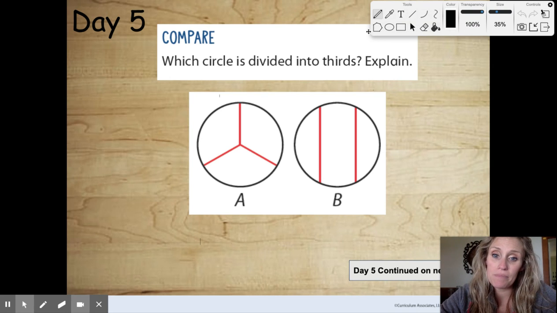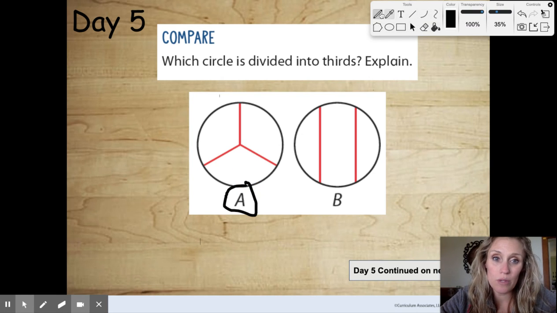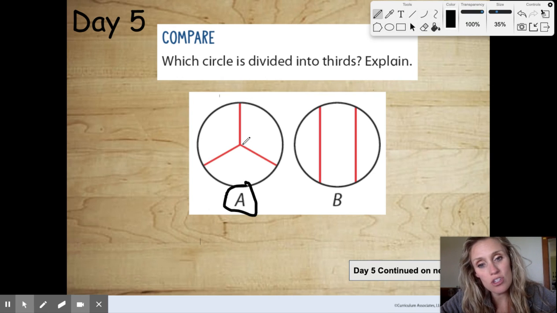Compare them. Now, I know if I was having a pizza, I would pick circle A. I say that because when I look at circle A, I can see that it has been broken, and each one of the thirds, so there's 1/3, 1/3, and 1/3, they seem equal.